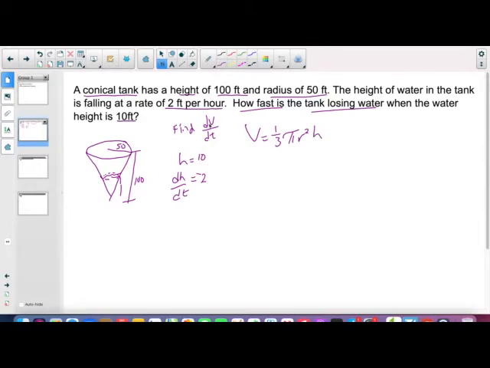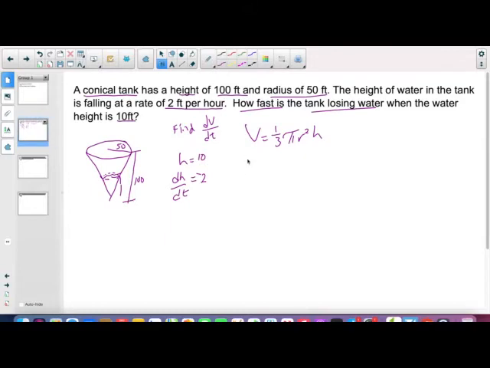They've given us volume, height, and the change in the height. Nowhere does it mention anything about our radius other than that the radius of the conical tank is 50 when its height is 100.